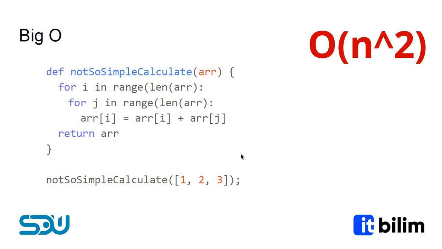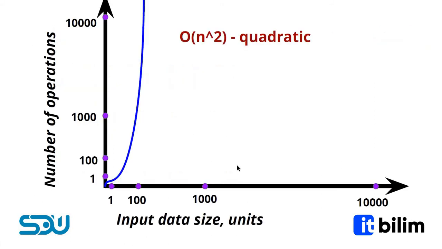So when we see its graphic, when we have more data, then for an execution we need to have many operations.